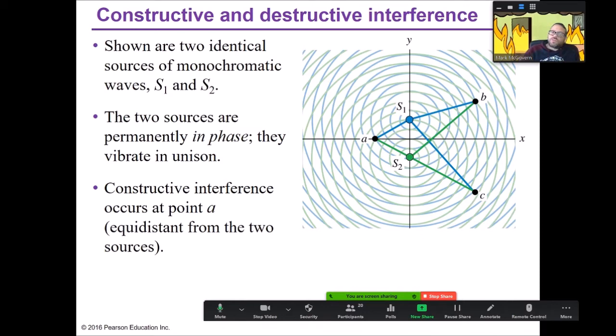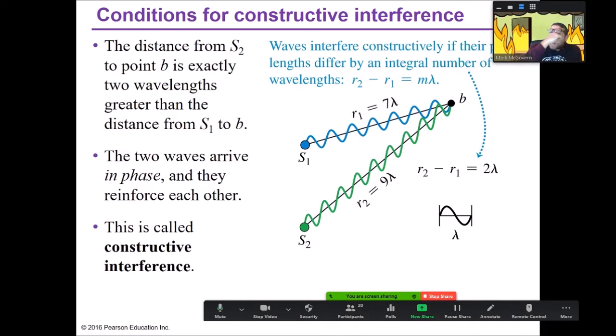The source on the negative y-axis, S2 here, is a bit farther away. Still, the waves are constructively interfering. Even though the path lengths are not the same, the difference in path lengths comes out to a whole number of wavelengths, and because of that there is still constructive interference.